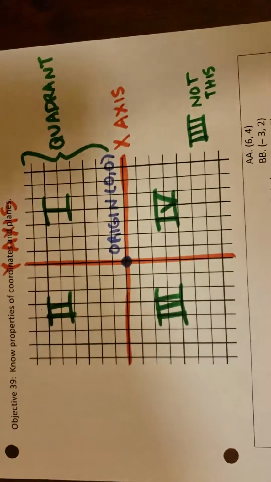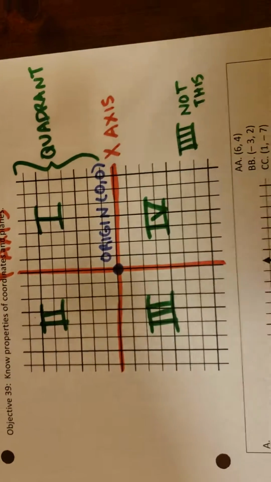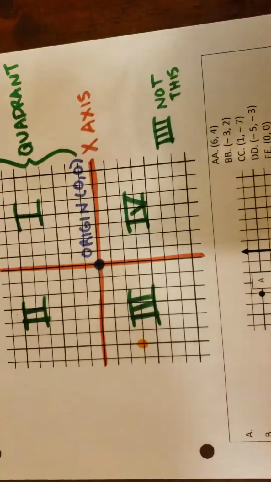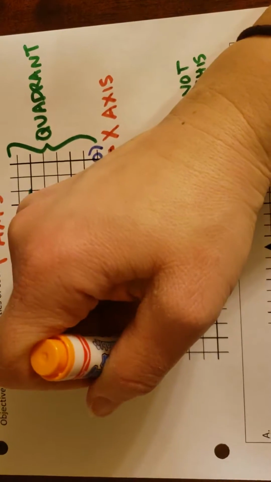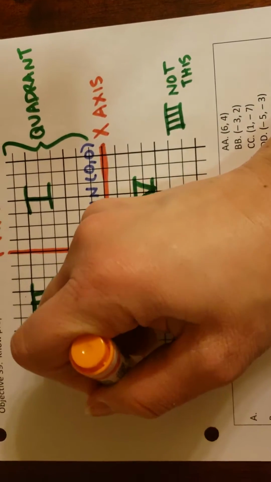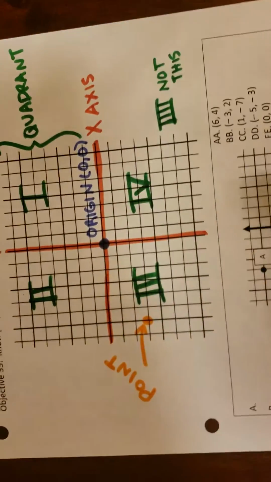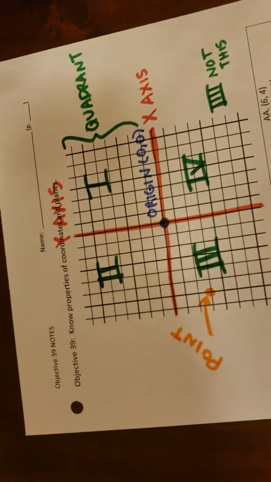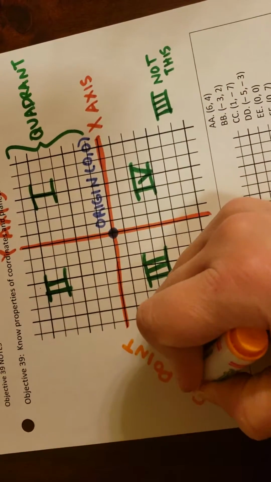All right, when you are looking at a coordinate plane, occasionally you will see something that looks like this. This is not called a dot, this is called a point. And you can communicate to another person where that point is using a coordinate.